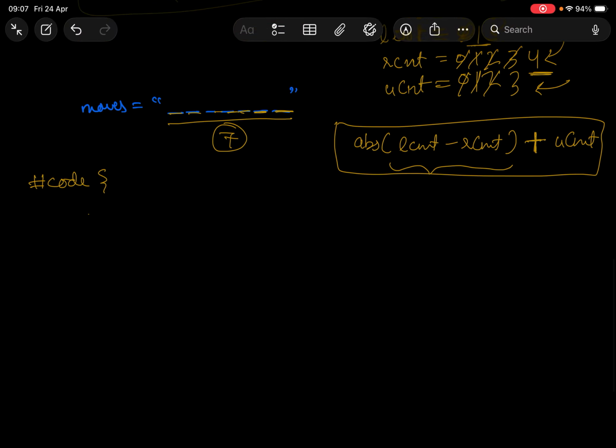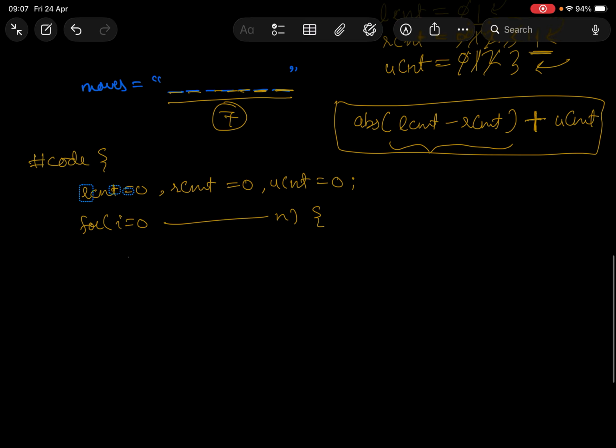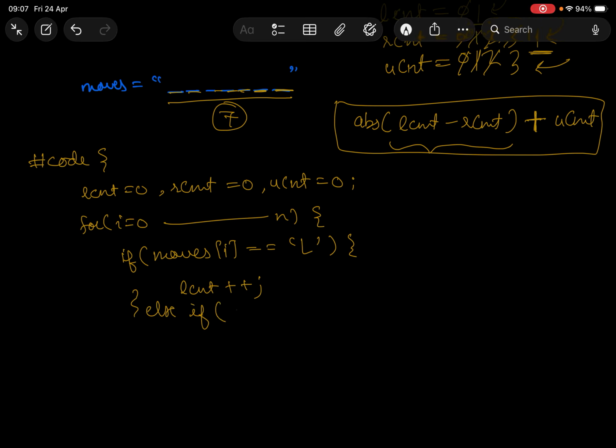First I will have these variables: L count equal to 0, R count equal to 0, and U count, that is underscore count, also equal to 0. I will have one loop which will go from 0 till n, that is the length of the string moves. If moves of i is equal to L, my L count plus plus, else if moves of i is equal to R, R count plus plus.